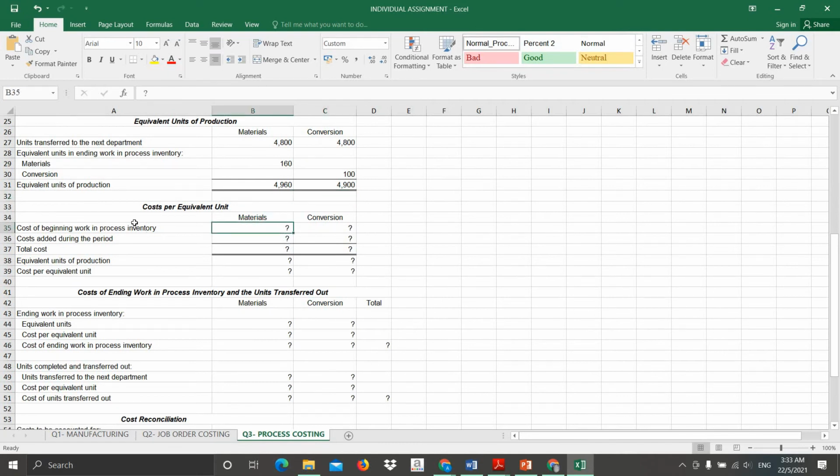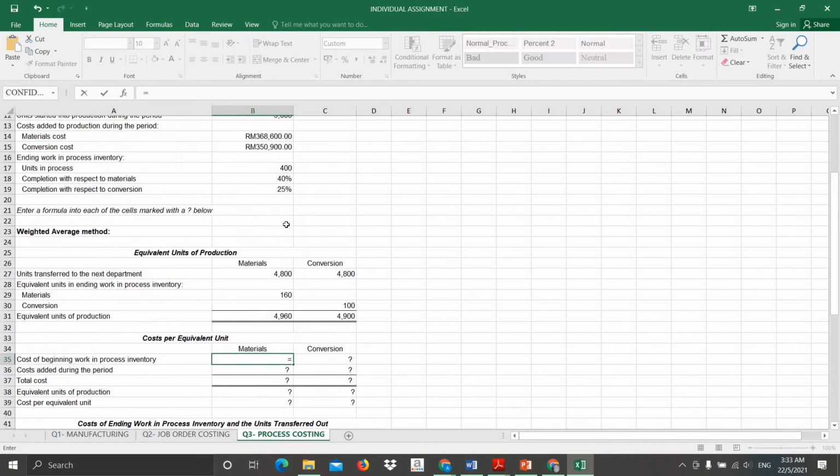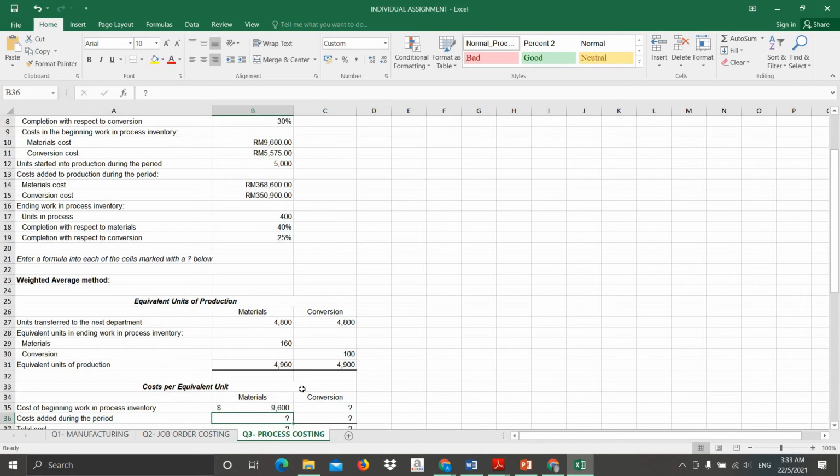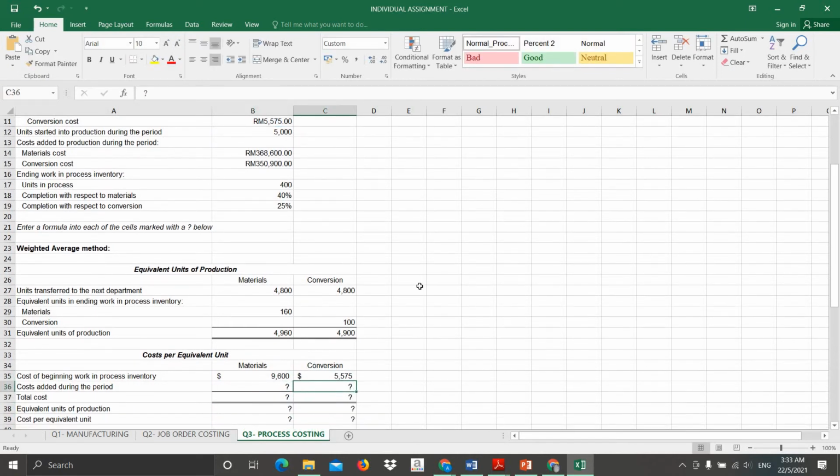For the cost of beginning work in process inventory, we can get it from up here, and for this, any cost added during the period for materials, you can get it from here, and for this one you can get it from here.